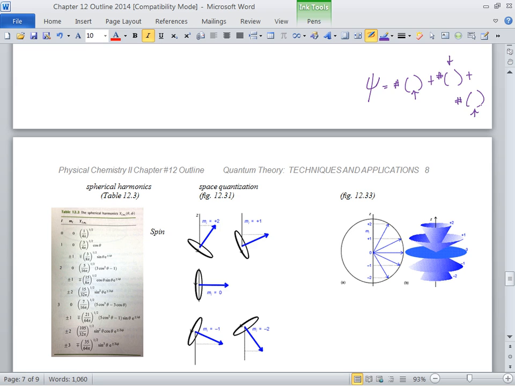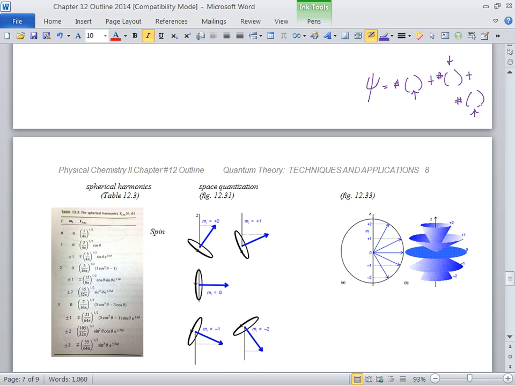So that's where this little l and m sub l stuff is coming from. And look how ugly this stuff is getting already. They figured out the wave function for you, depending on what your l and m sub l are.